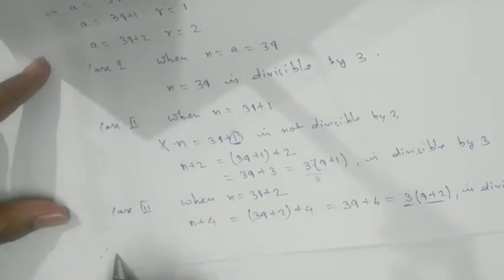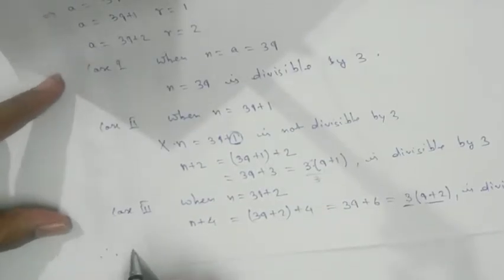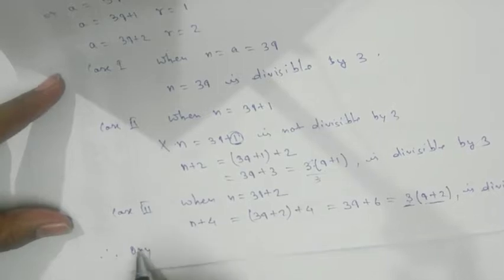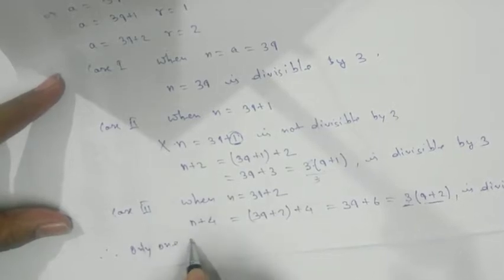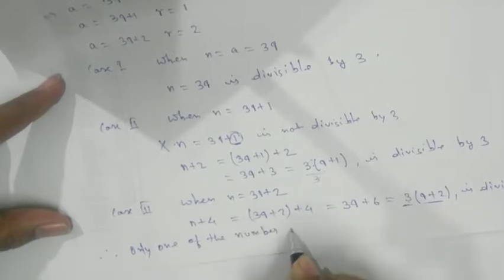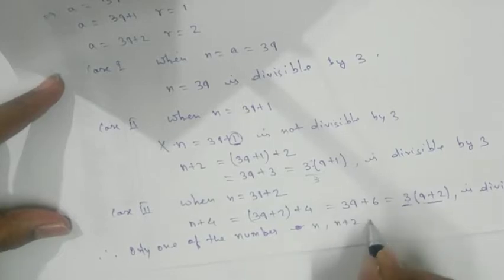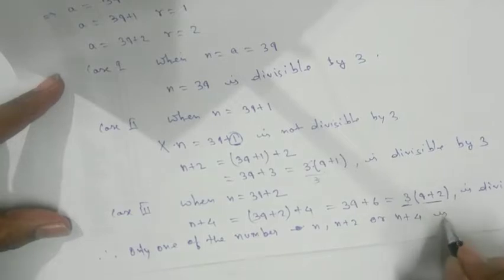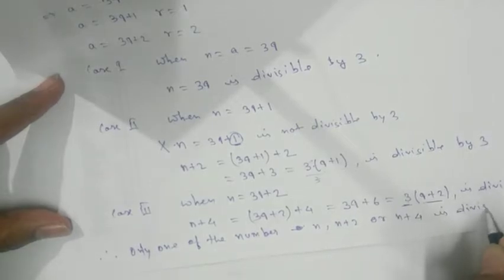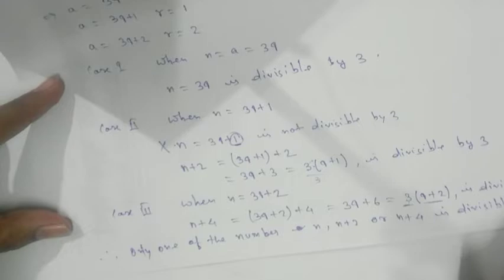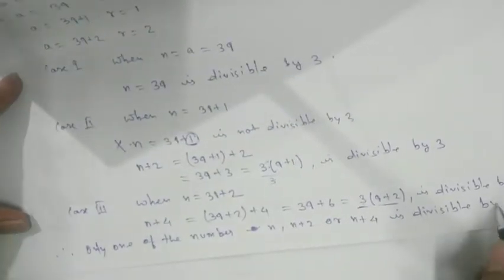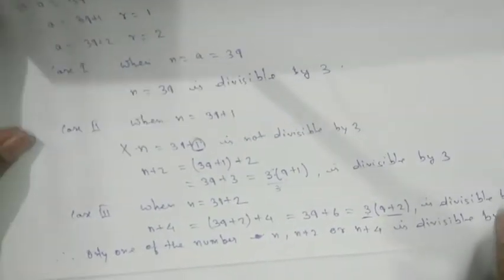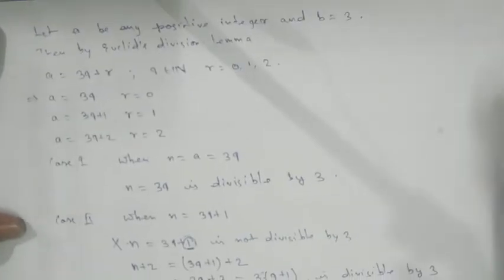Therefore only one of the numbers n, n plus 2 or n plus 4 is divisible by 3. Okay, so you can see this one.